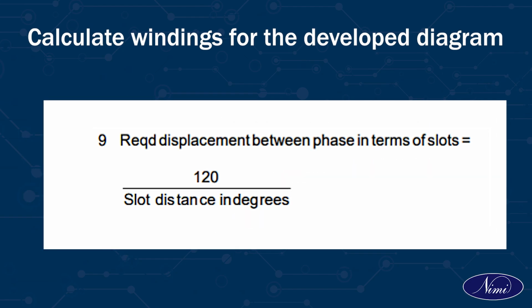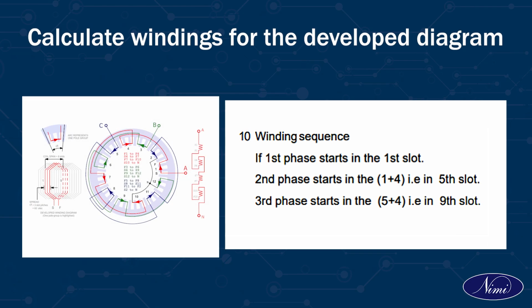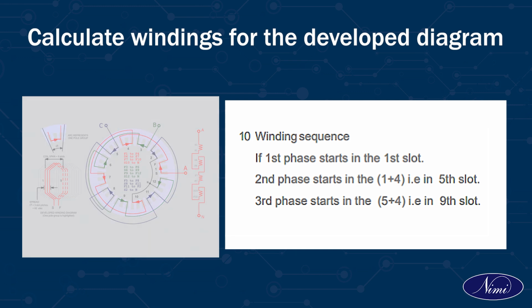Required displacement between phases in terms of slots equals 120 divided by slot distance in degrees, equals 120 divided by 30, equals 4 slots. 10. Winding sequence: if the first phase starts in the first slot, the second phase starts in 1 plus 4, that is in the fifth slot. The third phase starts in 5 plus 4, that is in the ninth slot.